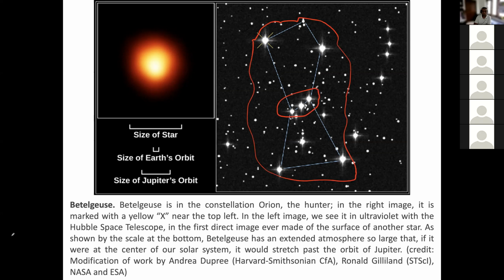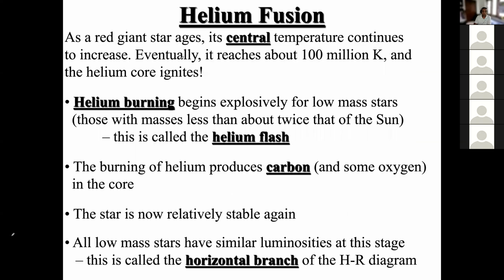So there is a specific name for that. And this is the star Betelgeuse. Betelgeuse is the brightest star that you will observe in this constellation Orion, right? Now this image is the image of Betelgeuse, taken from the Hubble Space Telescope. And in fact, this is the first ever image that we made of the surface of another star, except our sun, right? So that's what I was talking about, right?